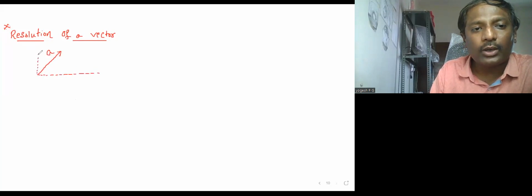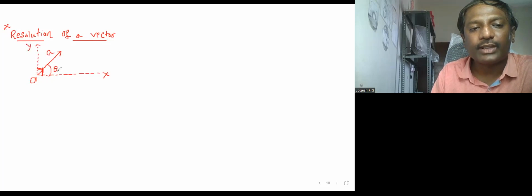Those two components must always be perpendicular.